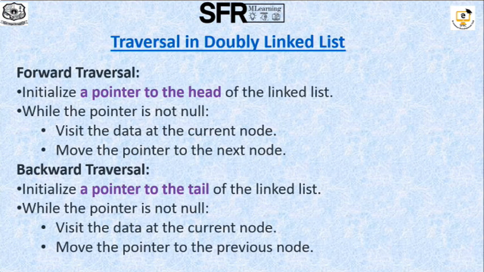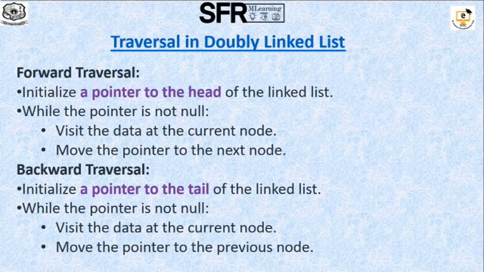First we can see the traversal in doubly linked list. Traversal is nothing but visiting a node. As already said, in doubly linked list we can travel in both directions, that is forward and backward. In forward traversal, first we have to initialize the pointer to the head.